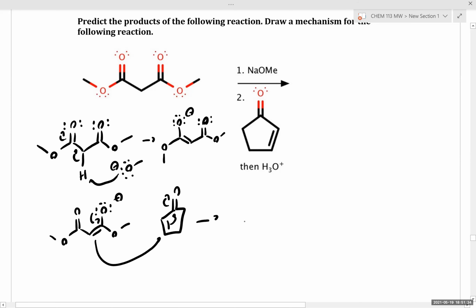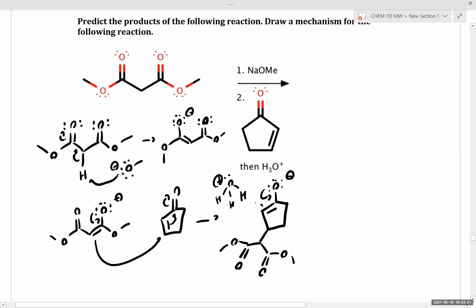Now, if we really wanted to be clever, then we could string this reaction together and use this enolate for future reactions. We can, for example, take this enolate and trap it with an electrophile. We can use this enolate for an aldol reaction. Really, the sky is the limit in that respect. But for now, we're just going to quench our enolate with acid. That in turn gives us our neutral isolable conjugate addition product.